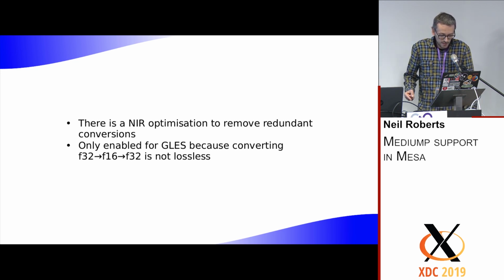So if the shader specifically did that, then that would be visible to the application. We're only enabling this on GLES because in that case the only way you could get to this situation is because of this lowering pass. So it shouldn't be visible to the application if we remove all these redundant conversions.